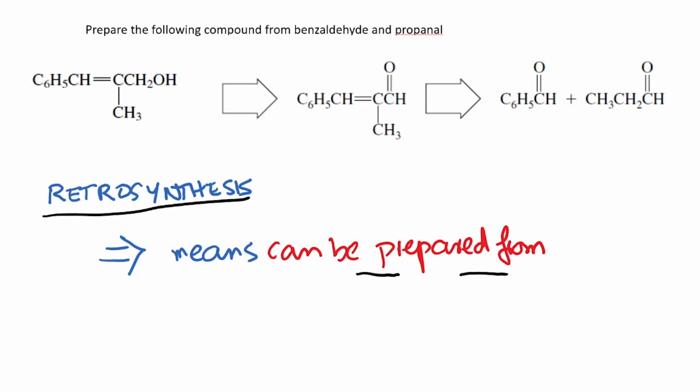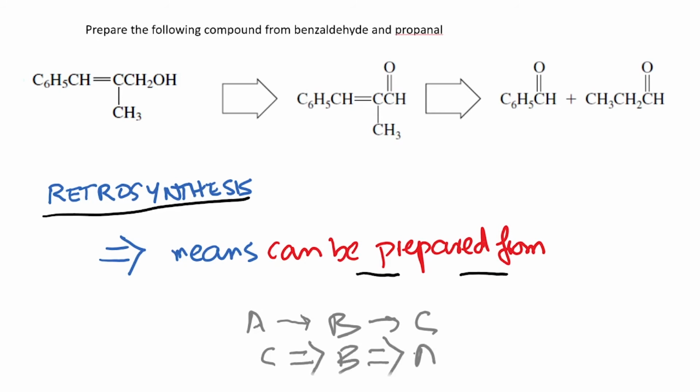So for example, if in a particular synthesis scheme you would write A goes to B goes to C, in the retrosynthesis you would write it as C is derived from B, which in turn can be derived from A. This helps us construct the synthesis in a linear fashion, and also helps us break down the synthesis into smaller parts.